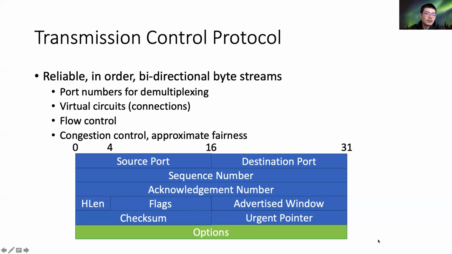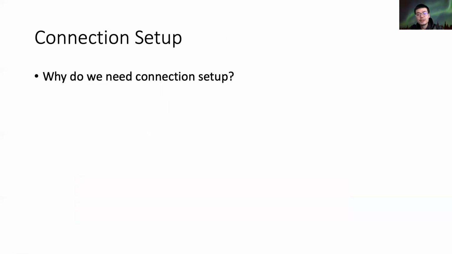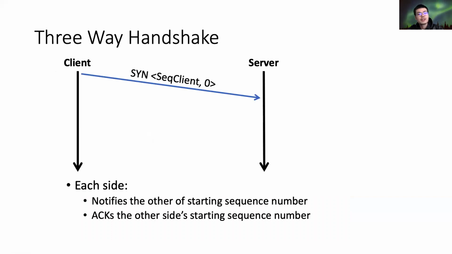Don't overload the intermediate router, because the router will drop packets, which will cause a lot of retransmission, and it will get really slow.